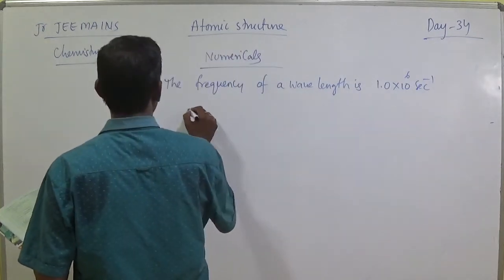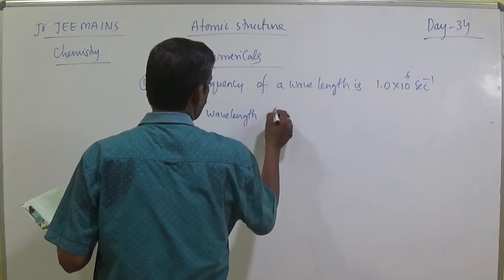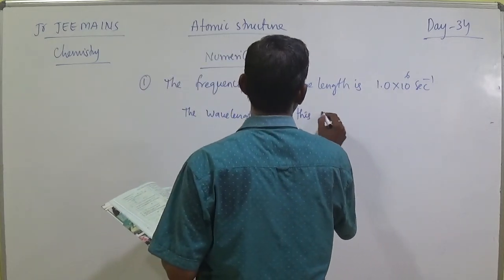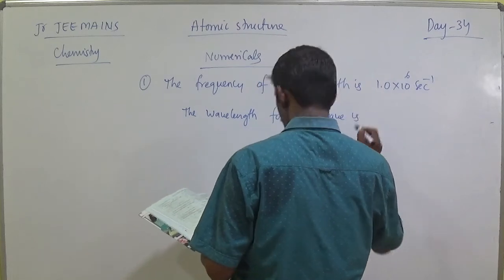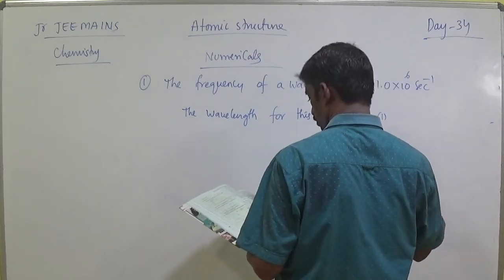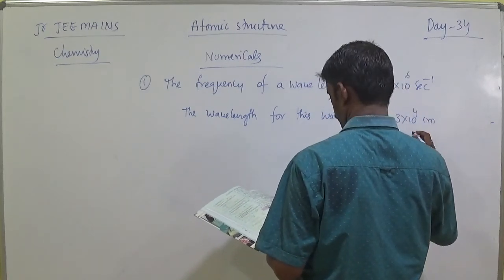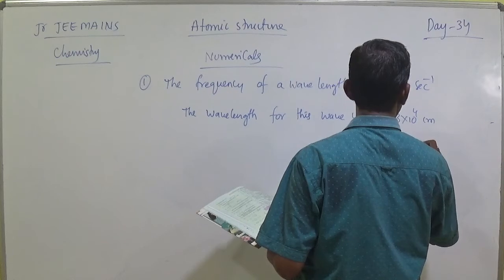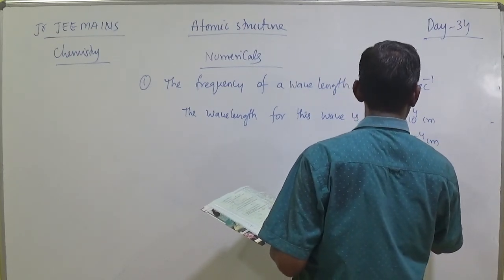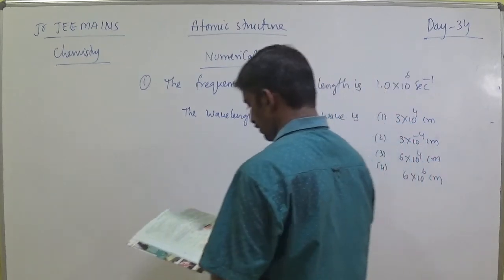The wavelength for this wave is, given the options: 3 into 10 to the power of 4 centimeter, 3 into 10 to the power of minus 4 centimeter, 6 into 10 to the power of 4 centimeter, 6 into 10 to the power of 6 centimeter. Which option is correct?